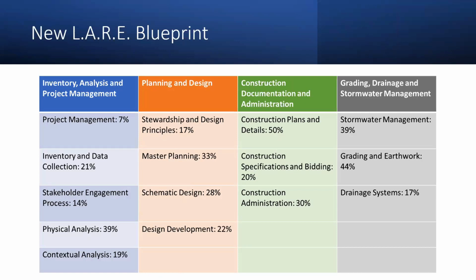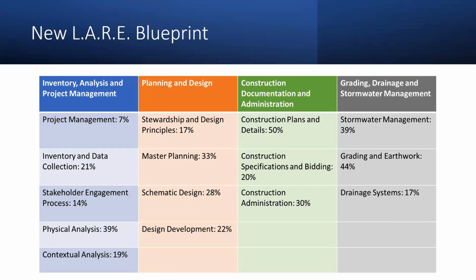So there's a question. Since we're describing section 4 as being equivalent to the grading, drainage, and stormwater management section, theoretically they could wait until the new blueprint, since it's kind of redundant.